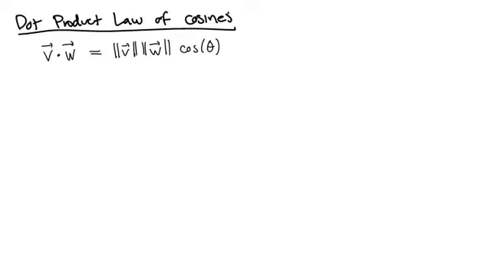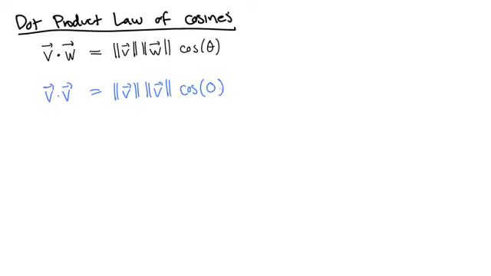It turns out that this dot product law of cosines has some other interesting applications as well. For example, the dot product can be used to compute lengths of vectors. Just take the dot product law of cosines and replace w with v. We would have v dot v is equal to the length of v times the length of v times the cosine of the angle between v and v.